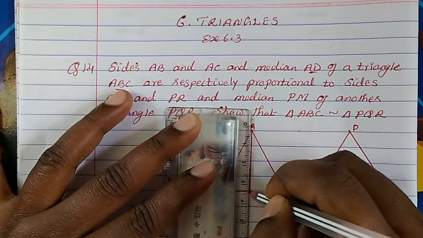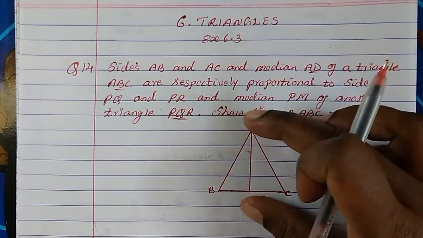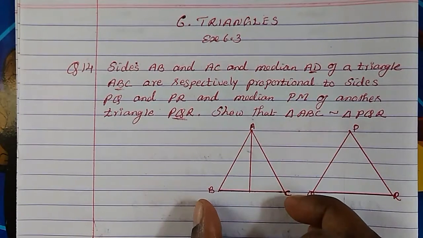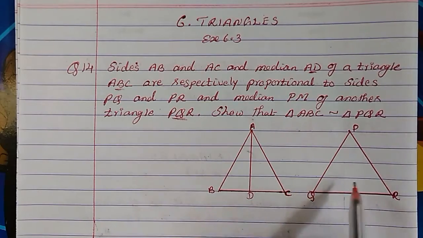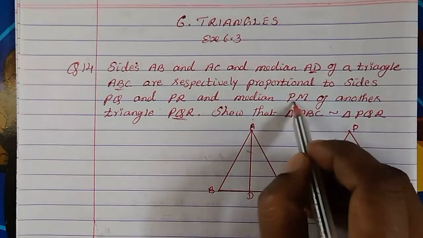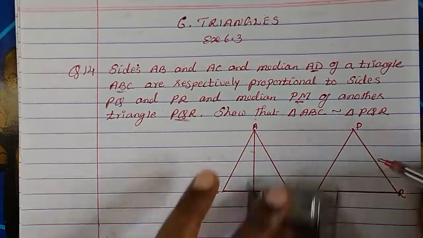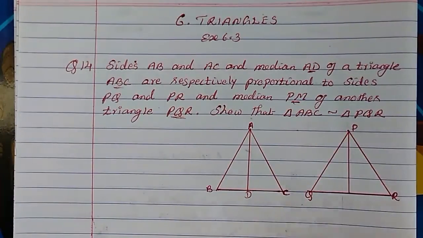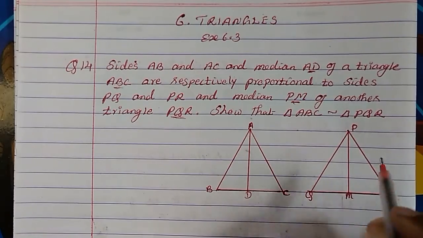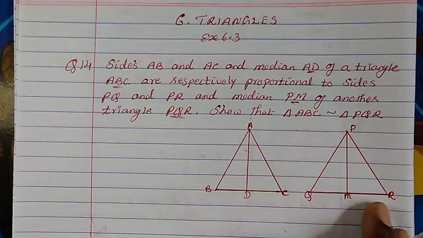Median means this line will divide this side equally in half. So AD. Same way here PM is the median. So PM. Okay, so we have drawn.